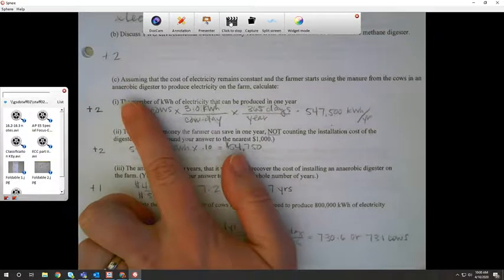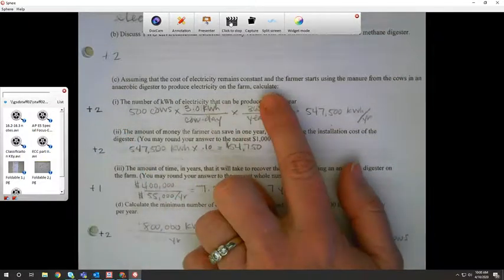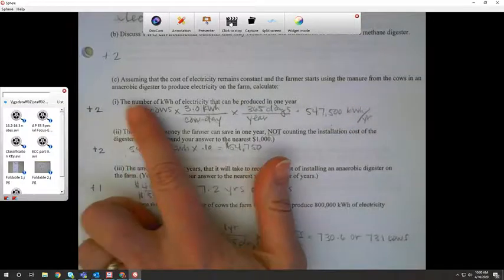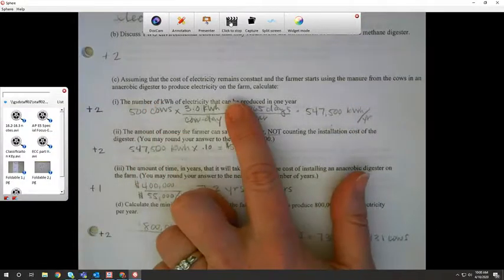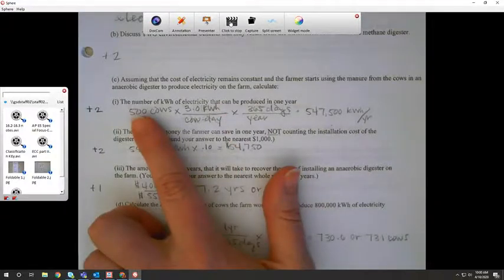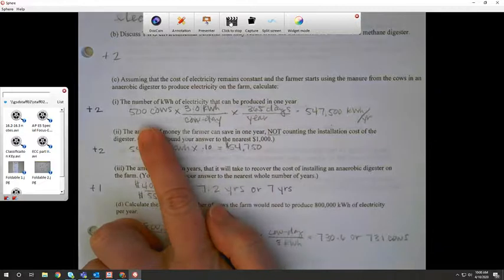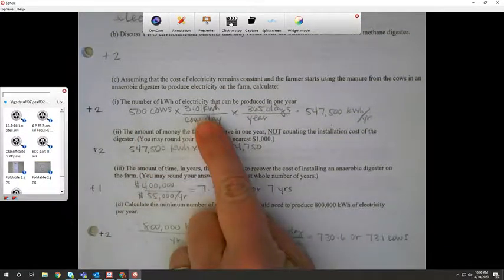Part C says, assuming the cost of electricity remains constant and the farmer starts using the manure from the cows in an anaerobic digester to produce electricity for the farm, calculate the number of kilowatt hours that can be produced in 1 year. So from our data, we have 500 cows on this farm, and each cow can produce 3 kilowatt hours per day.